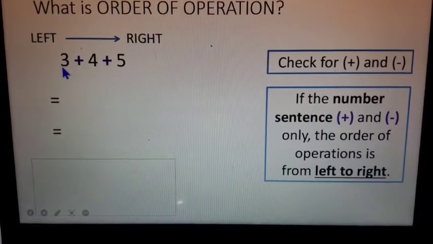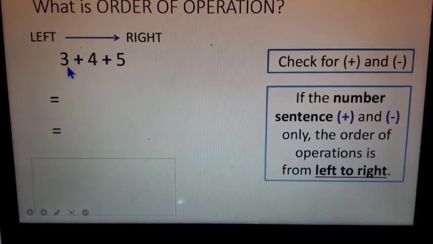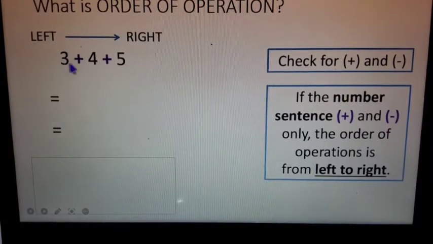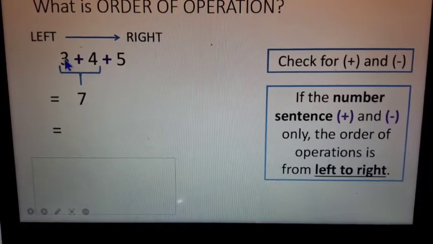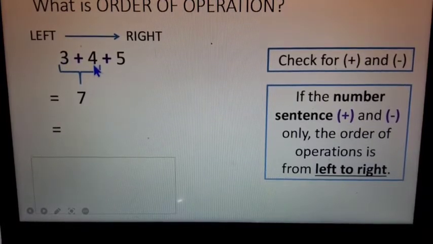Alright? So, how do you do that? Let's see. This is the number sentence from the left. So 3 plus 4 is equal to 7. This is what I call you solve. Kita selesaikan dari kiri ke kanan.